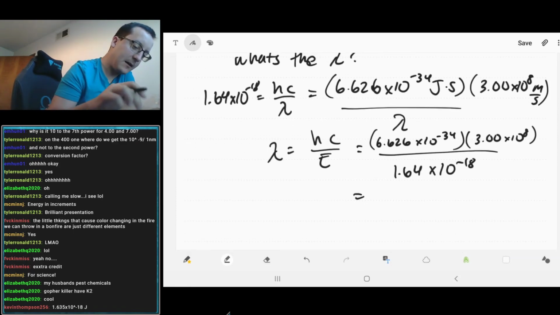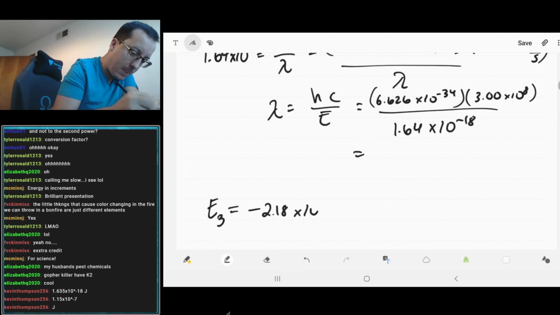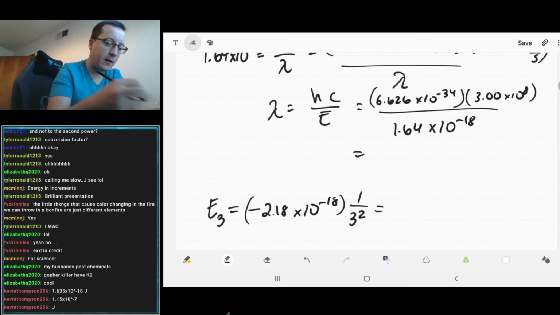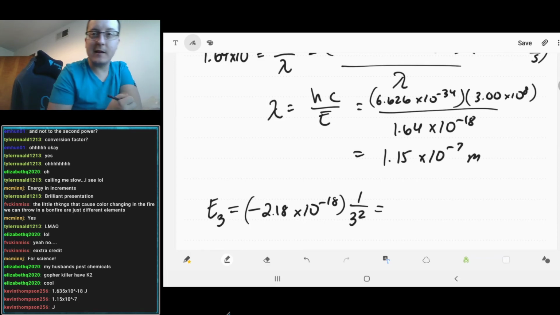While he's doing that, let's just calculate the energy for n equals 3. Okay, thank you, Kevin. Notice that's meters.